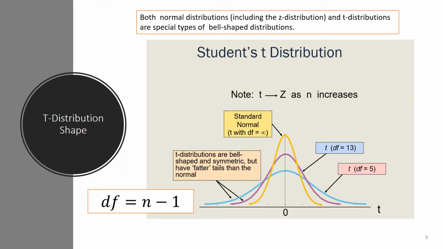So if you have a lot of people in your study, then you're going to have a high sample size, and your t-distribution is going to look very close to a normal distribution. And if you have enough people, then you can pretty much use a z distribution rather than a t distribution. But you have to have a lot of people. So you see here, the higher the degrees of freedom, the closer it looks like a normal distribution.